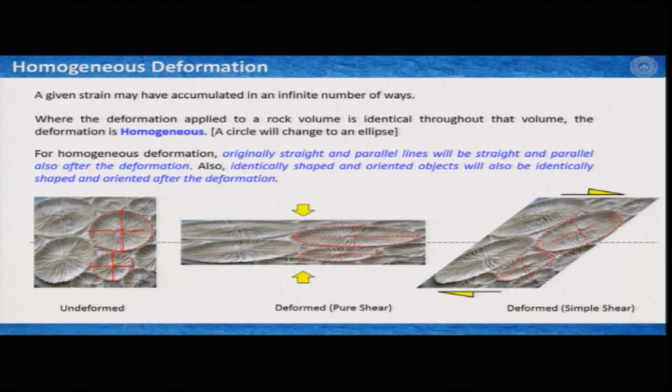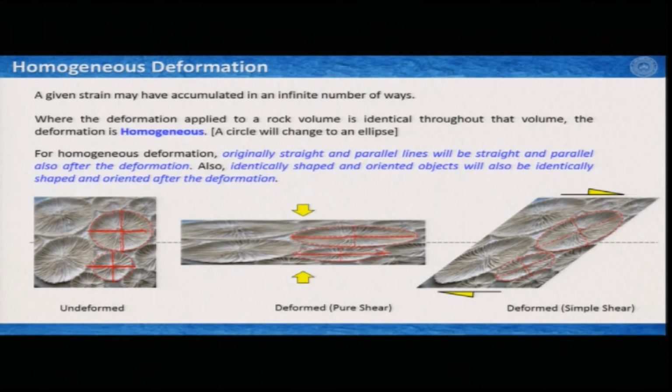Now for homogeneous deformation, the definitions say that originally straight and parallel lines should be straight and parallel lines after the deformation. So this was originally a straight line, it is also a straight line. It was parallel to this line, it is also parallel to this line.